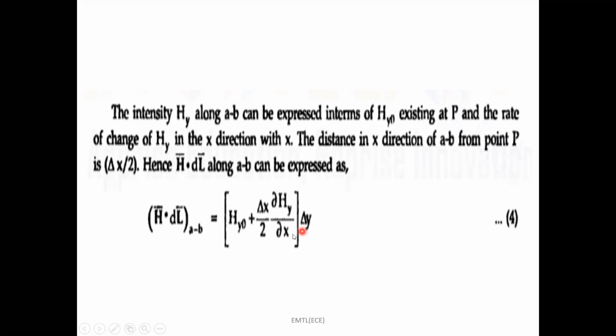And delta y represents the value of dl. The delta y is the distance between A to B. In the same manner, we have to calculate here for the path B to C.